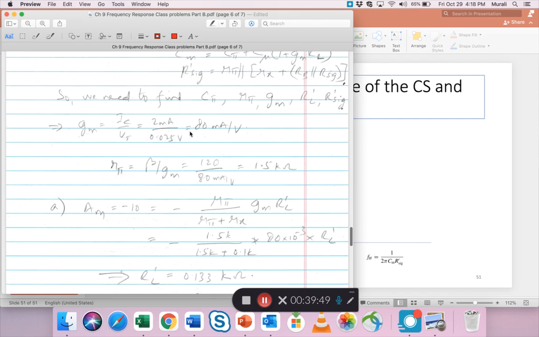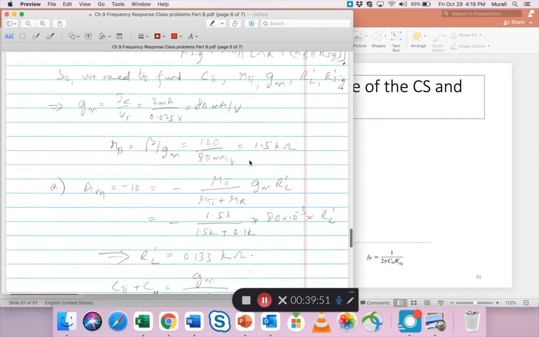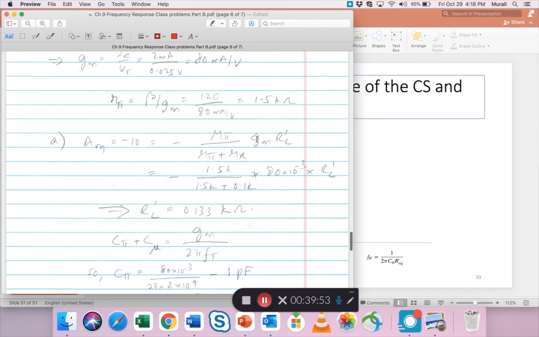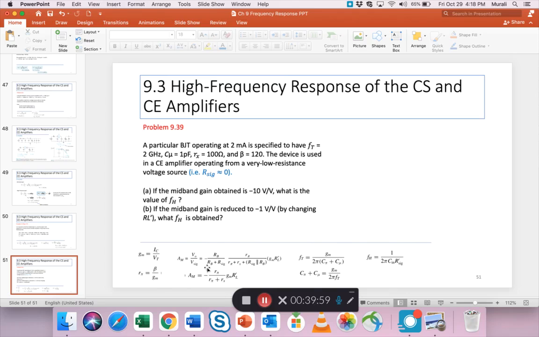So GM is like this, R pi is this, AM is given, and the formula simplifies to this from here. So I show you both. If R signal is 0, then these terms go away. So this big formula and this term also go away. So the formula is much simpler. AM is just R pi over R pi plus R x, into this.